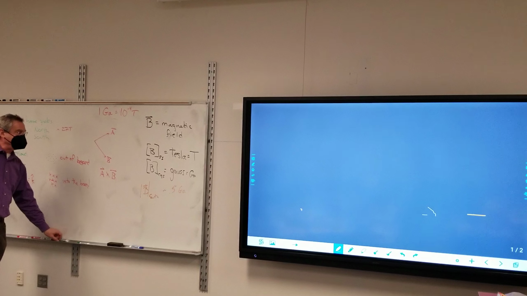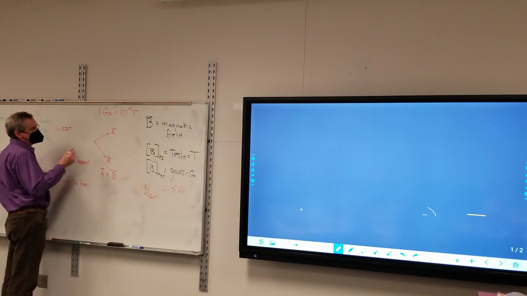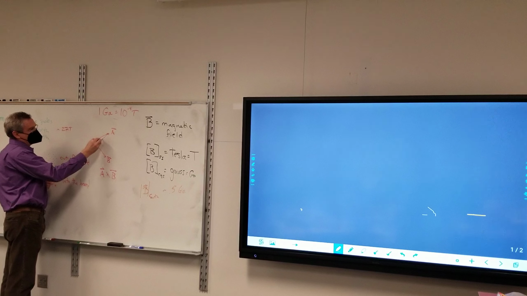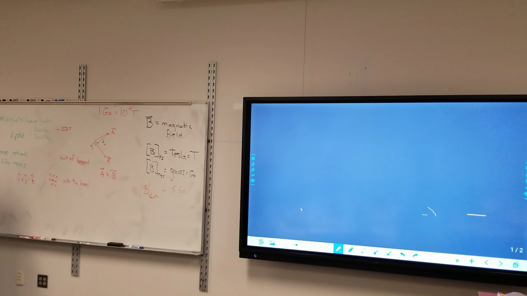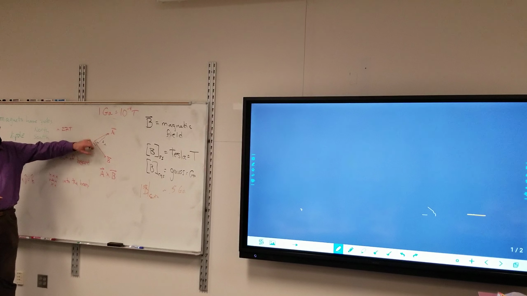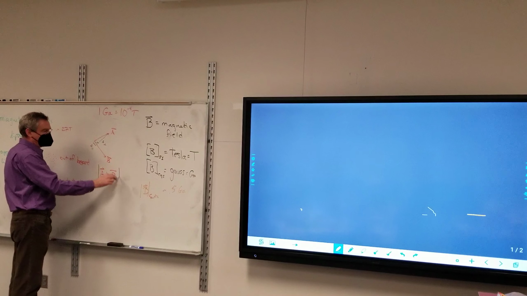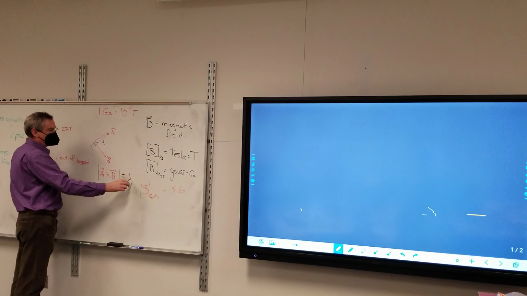So if I was doing A cross B here, I'd break A up into components, into a right triangle here. I'm going to just call these A parallel and A perpendicular. And so the magnitude of the cross product is that perpendicular piece times B.